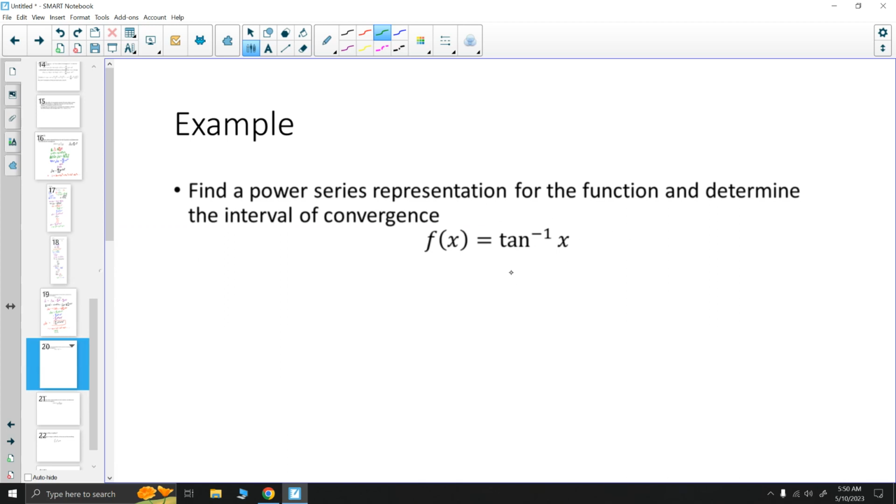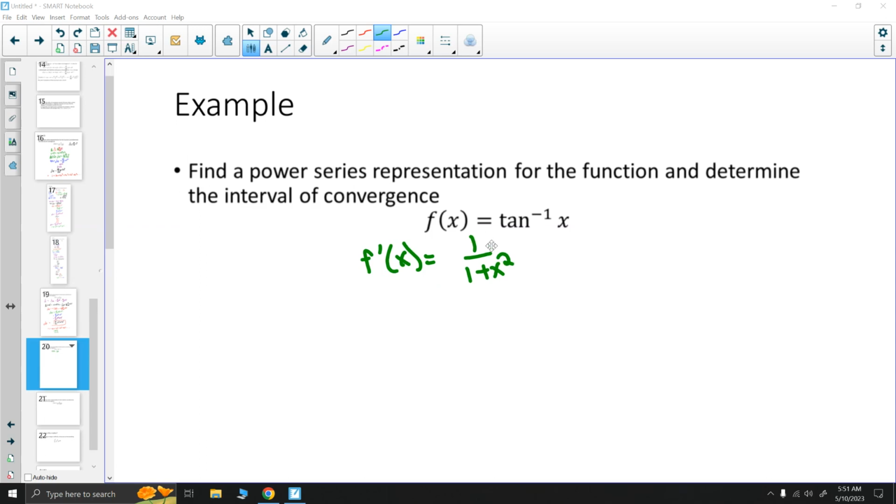But if we remember the derivative of tangent inverse x, f prime of x would be 1 over 1 plus x squared, which is kind of similar to our previous one, but not the same because it's not including this whole thing squared. So this derivative is pretty close to the format we need. In fact, if we rewrite this as 1 over 1 minus -x squared, it's now in the format we need.